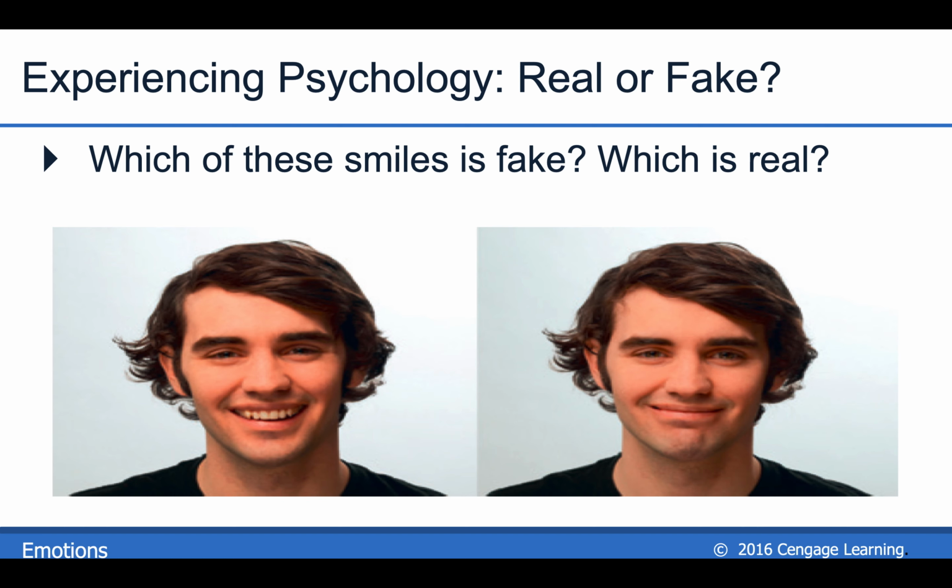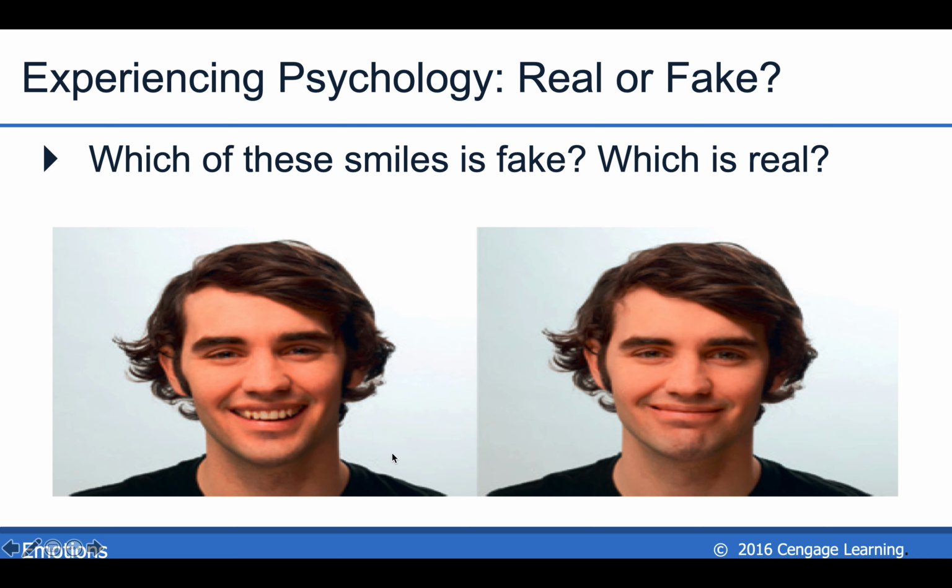And if we look at smiles, how we interpret smiles is something that we do very quickly, even though there are subtle differences. So if you look at these two smiles of this gentleman here, the left or the right, which one do you think is real and which one do you think is fake? Most of you are probably correct in guessing that this is the real smile. This is what's known in the field as a Duchenne or a genuine smile, and this is a fake smile.